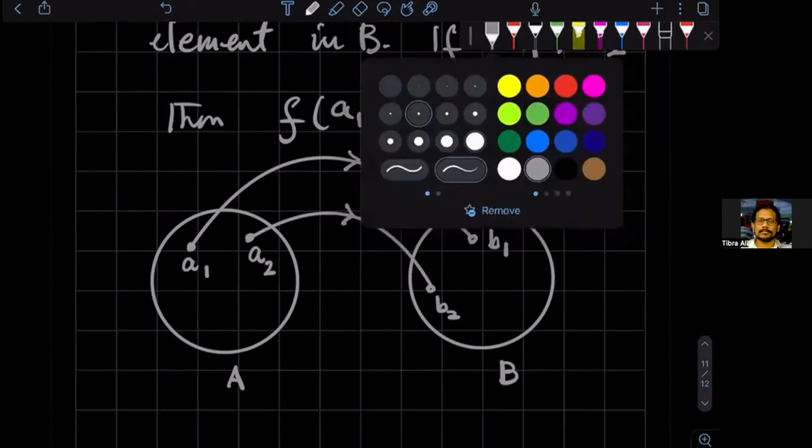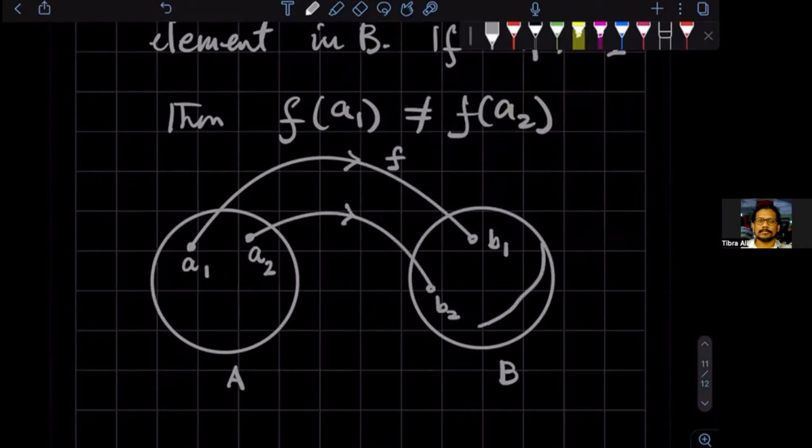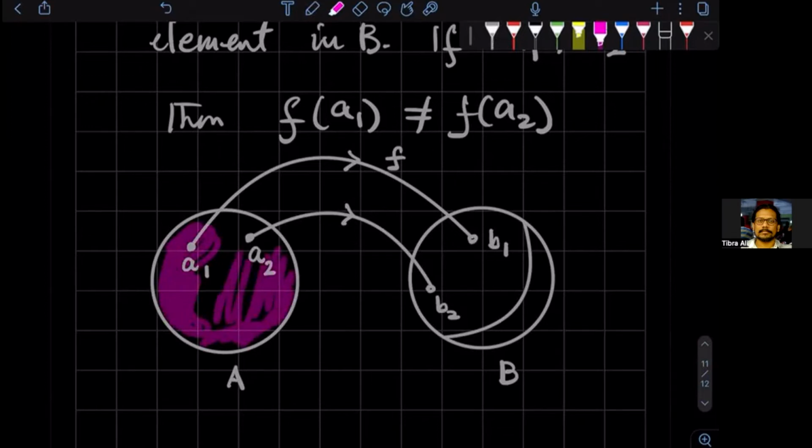Now, there is no requirement for this map to actually cover the whole of B. For this to be one-to-one, it can be that the image of A is a subset of B. That has nothing to do with one-to-one.